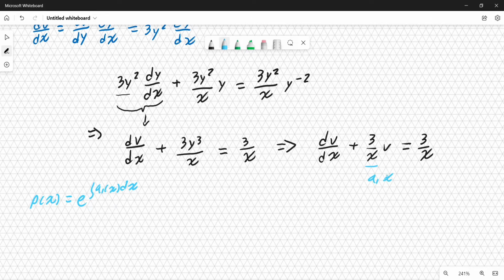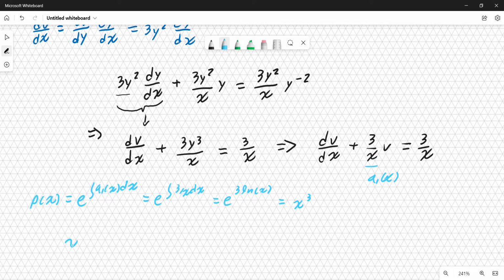So this equals e to the integral of 3 over x dx. And that's simply just e to the 3 ln of x. And by using log rules, we can say that this equals x cubed. In the rules of integrating factors, you go back and you multiply everything by that.